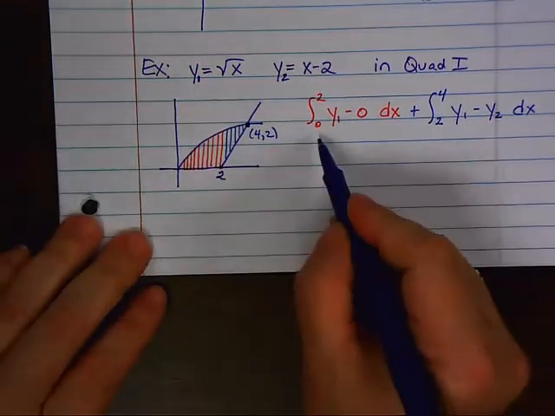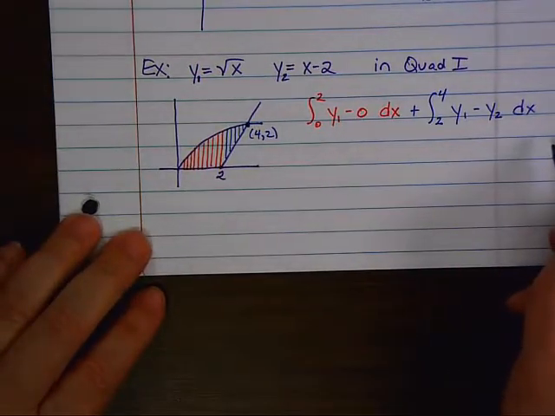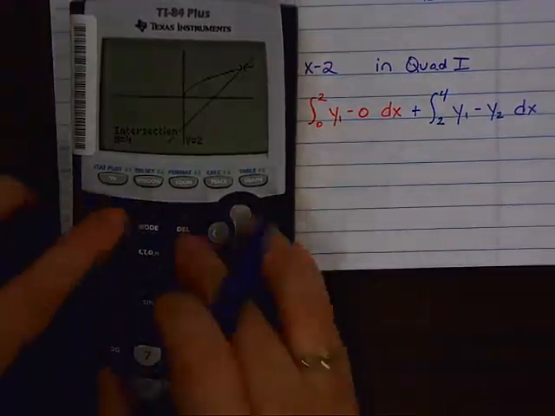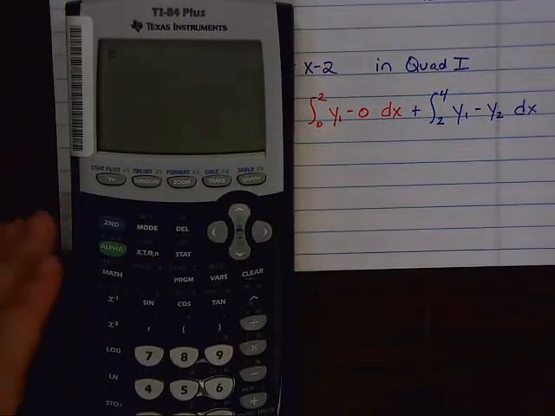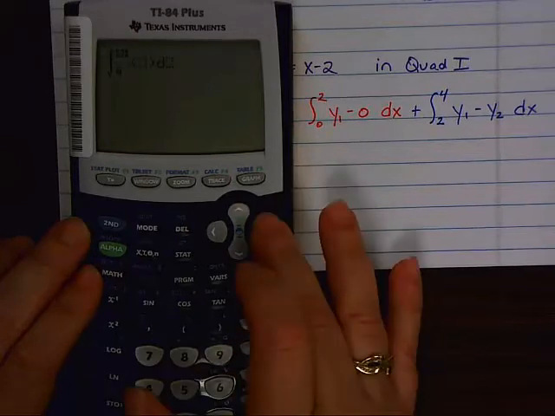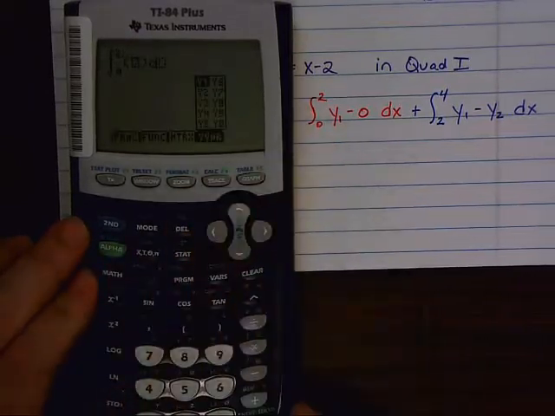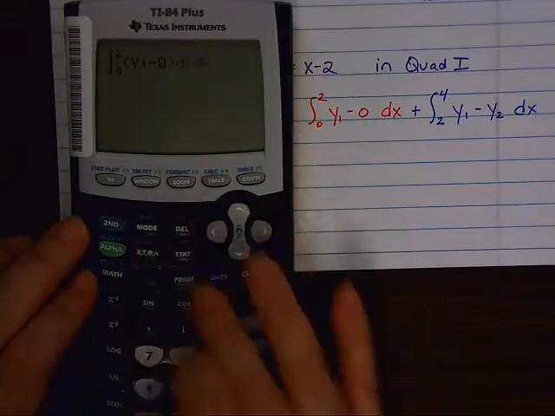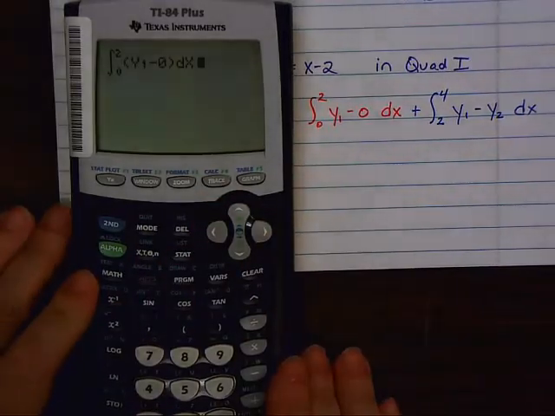Okay? You can type this entire thing into your calculator on one line, and that's what I want you to do. So go ahead and take your calculator, go to the home screen, and type this in like we did yesterday. So it will be Math 9 from 0 to 2 of just y1. You can put the minus 0 if you want to. Dx. Oh, that's really dark.